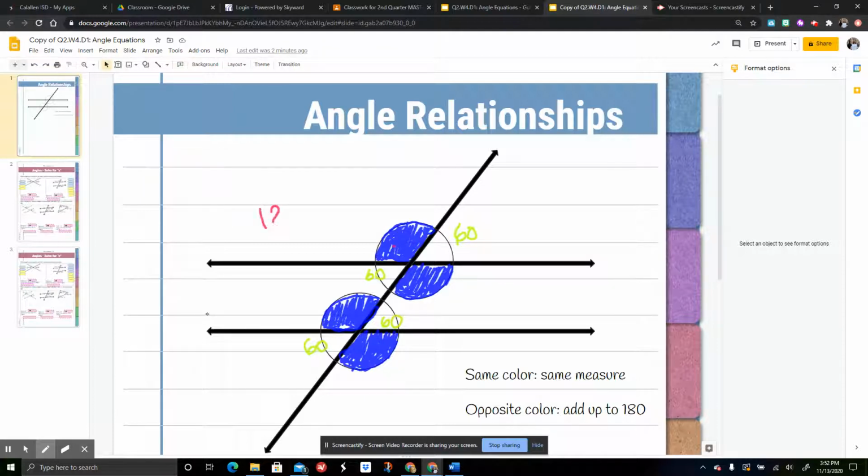If they add up to 180, then you could say 180 minus 60, which is 120. So this angle would be 120. This angle would be 120. This angle would be 120. And this angle would be 120. You're going to use this diagram when it comes to the notes for today.